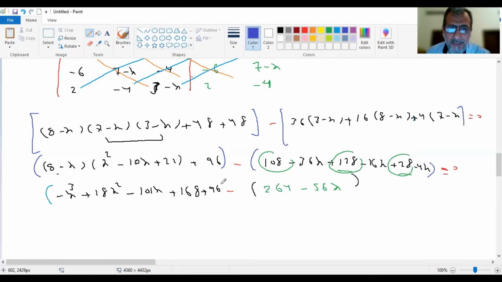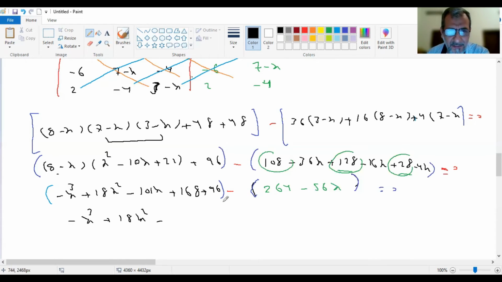Now this one minus this one. This is the first minus, equal to what? Equal to 0. So what do we have now? We have here minus lambda cubed plus 18 lambda squared minus 101 lambda minus 56 lambda.